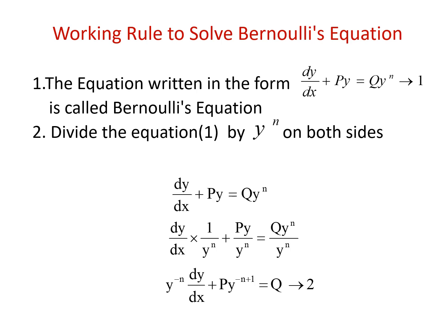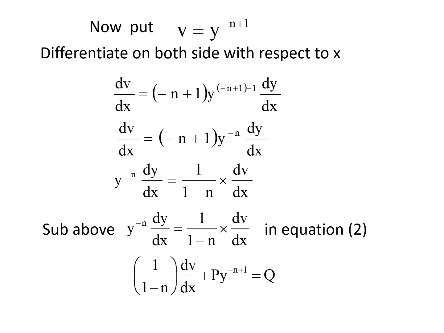If you look into the previous line, 1/y^n, when you bring y^n to the numerator, it becomes y^(-n) dy/dx plus p into, we already have y in the numerator, if you bring y^n to the numerator, then it becomes p y^(-n+1), which is equal to, on the right side y^n gets cancelled, the leftover part is q. Consider this whole equation as 2.